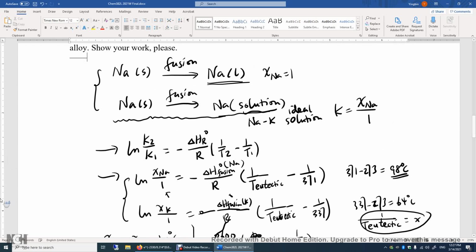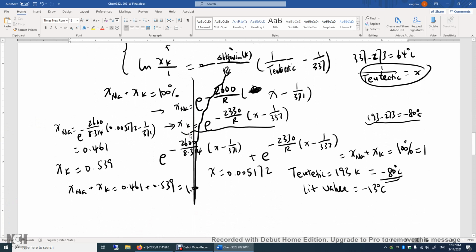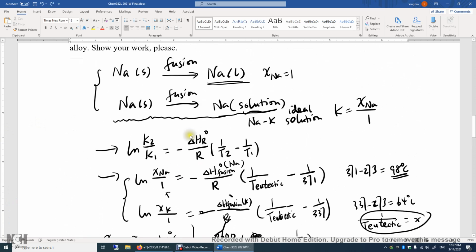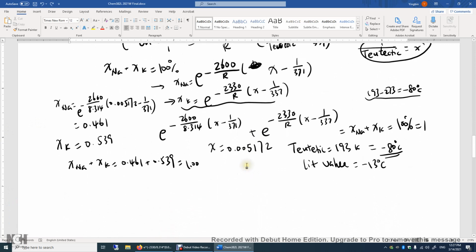All right, this is good. We got a sum of 1.000. Okay, that's good. So this is the mole fraction of sodium. This is the mole fraction of potassium.